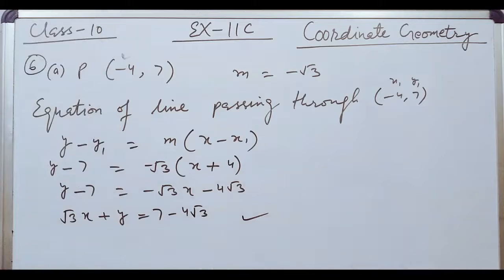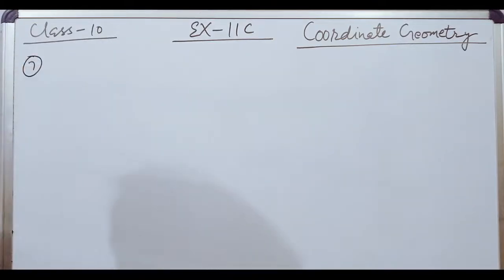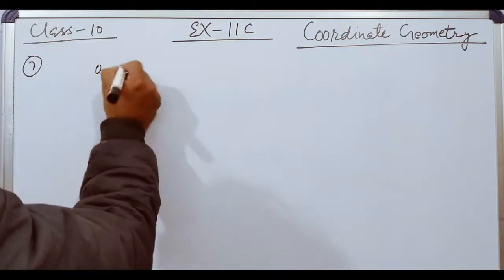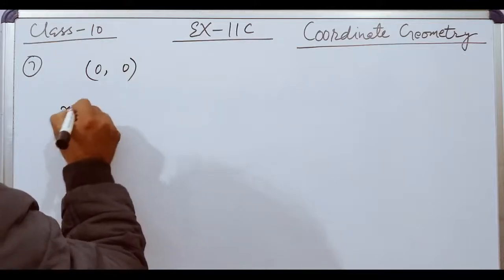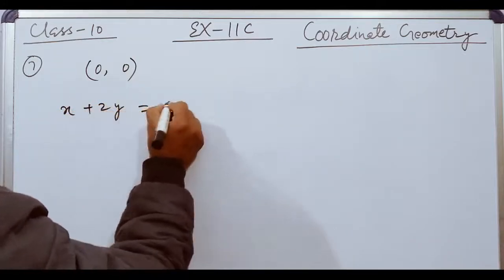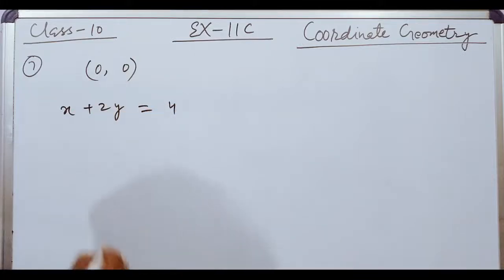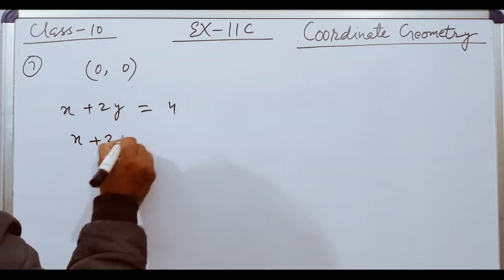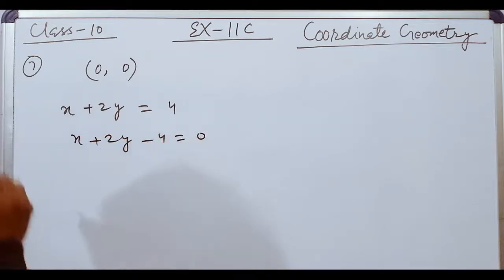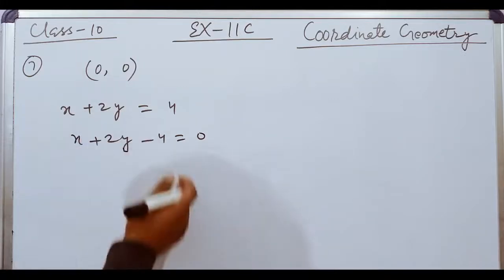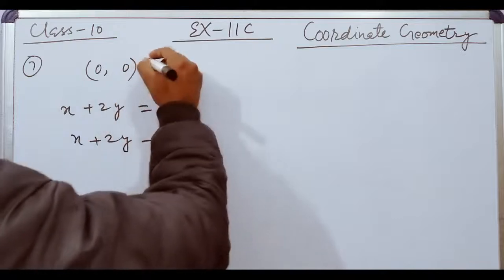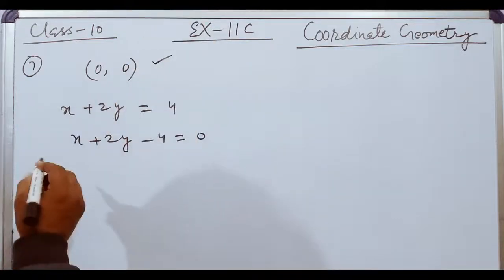Okay, dear students, find the equation of the straight line passing through the origin (0, 0) and perpendicular to x plus 2y equal to 4. So, dear student, x plus 2y minus 4 equal to 0. Then we have to find the equation of the line perpendicular to this, which is passing through the origin.